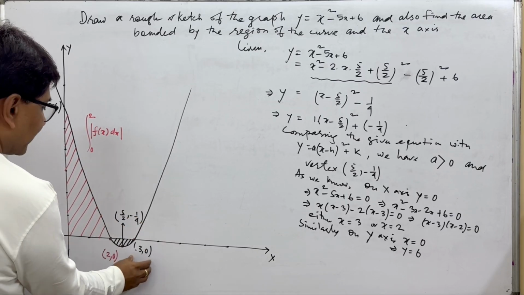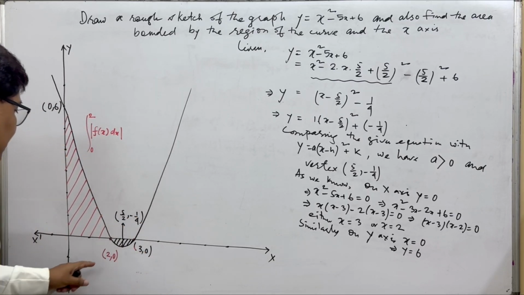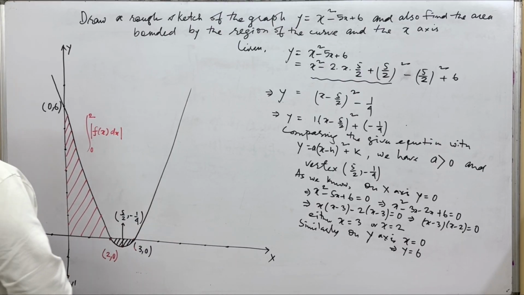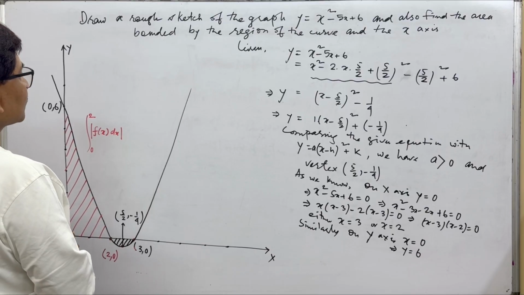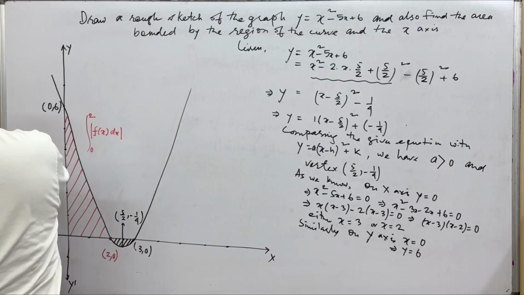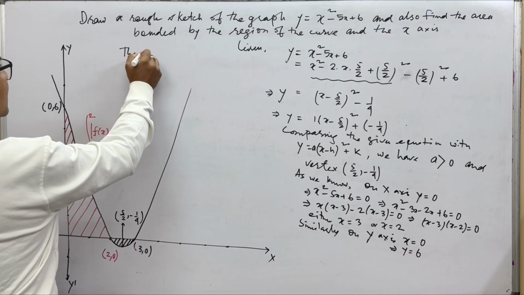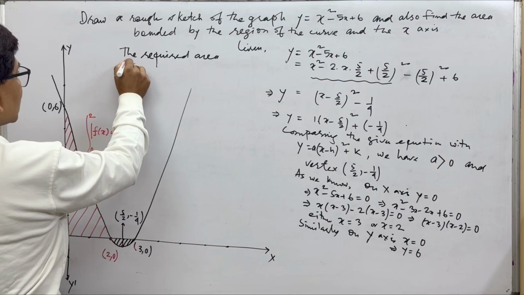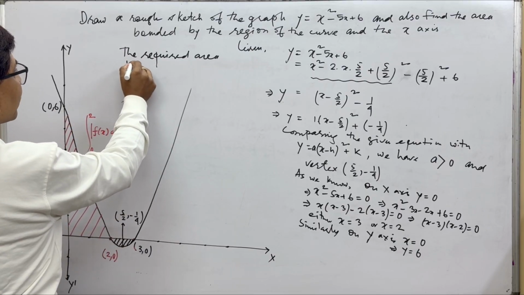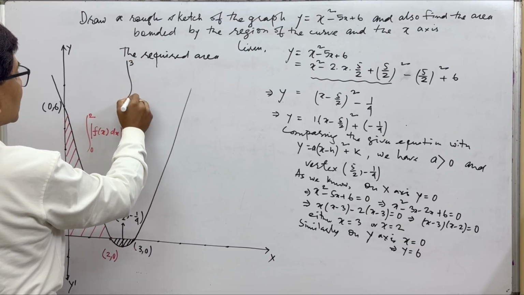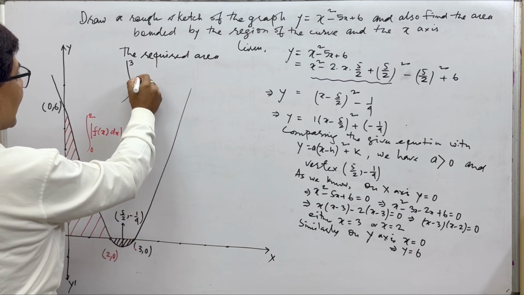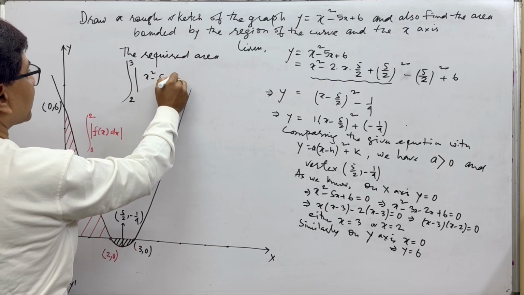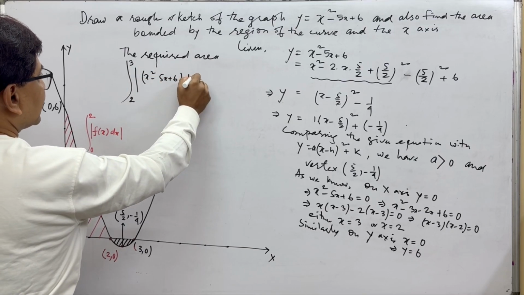But for this one specifically, how to get this area? Therefore, write down the required area: the definite integral from 2 to 3 of the modulus of x square minus 5x plus 6 dx.